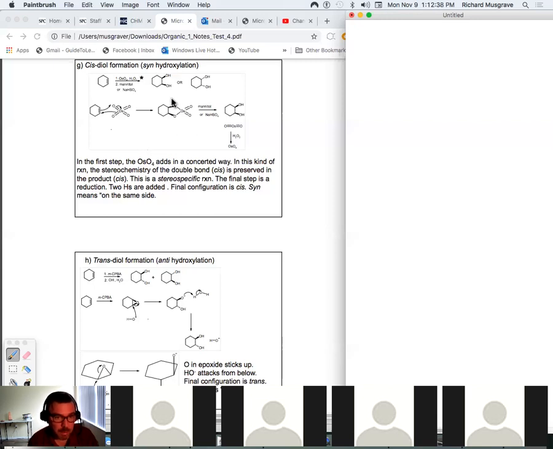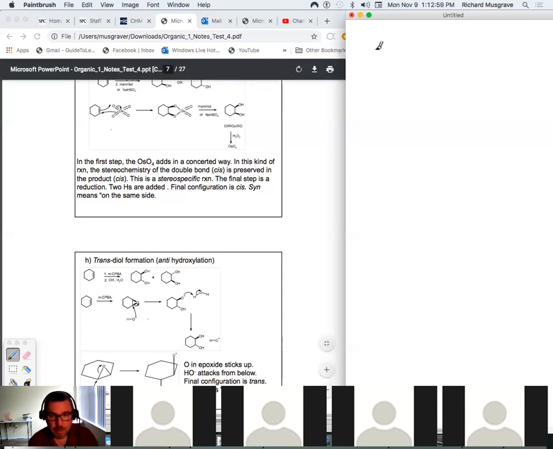So if we use this OsO4, then we end up getting a cis diol at the end here. The second step involves mannitol or NaHSO3. These are used in this instance as reducing agents.